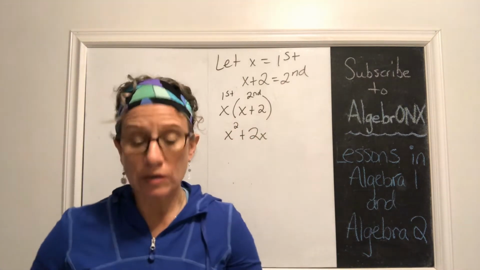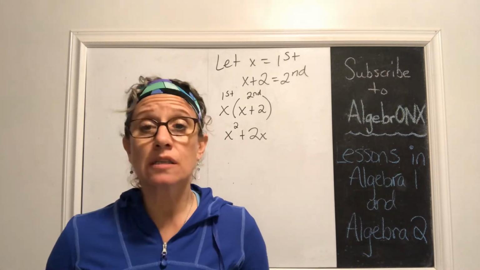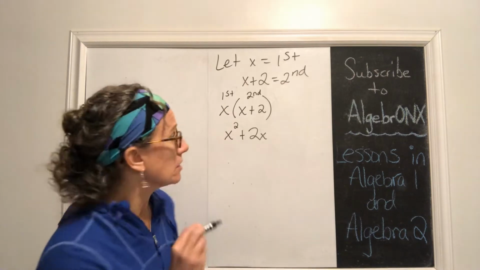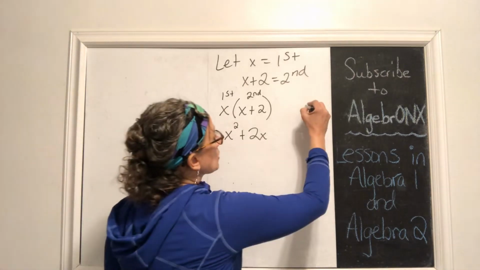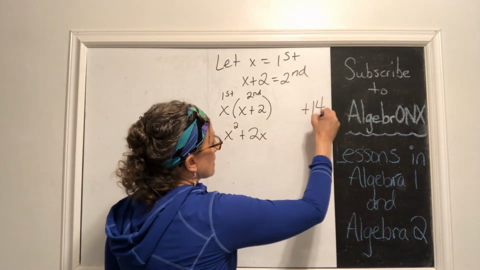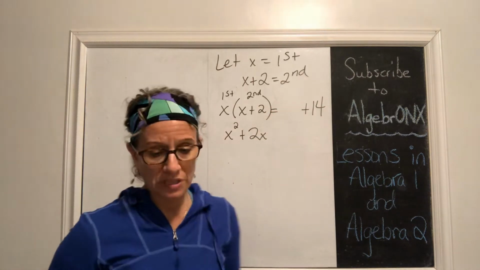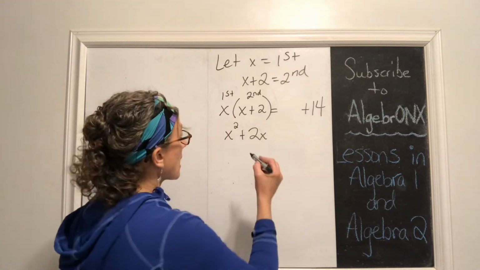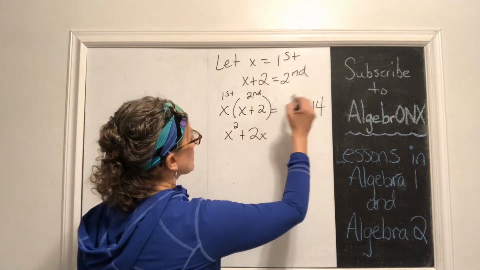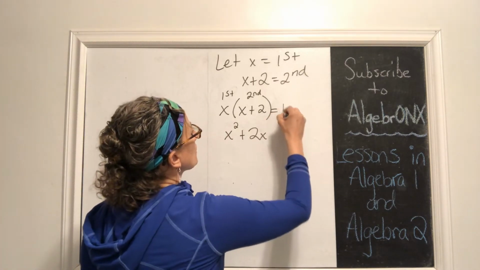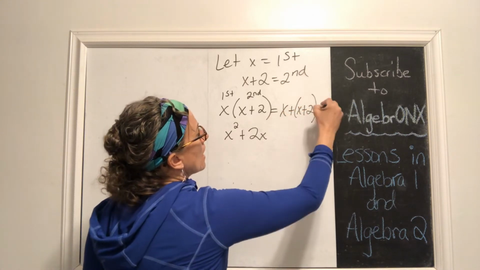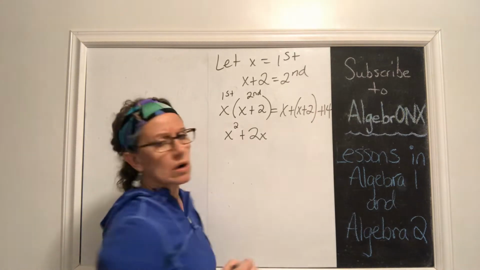Now, what about it? Well, it equals 14 more than, which means we're going to add 14 at the end. And what is it 14 more than? Their sum. So I need to add, and I think I ran out of room here. I didn't actually leave myself enough space. I'm going to add them together and then add 14 more.